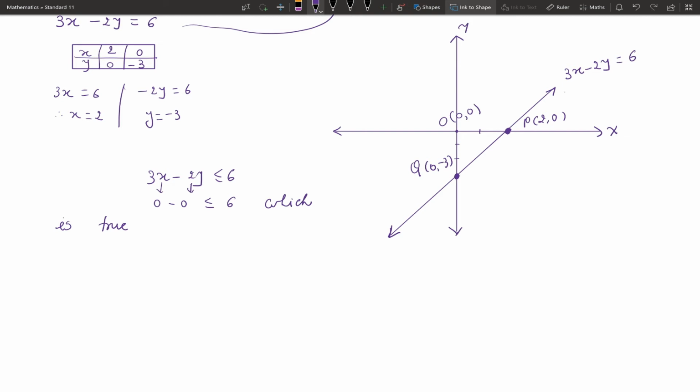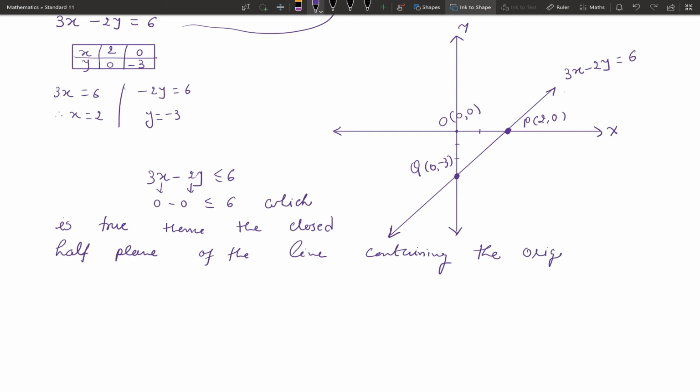So the interpretation is, hence the closed half plane of the line containing the origin represents the solution.